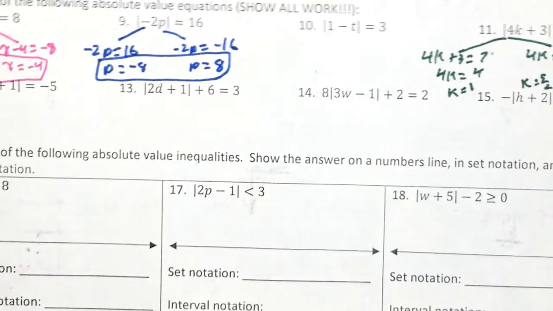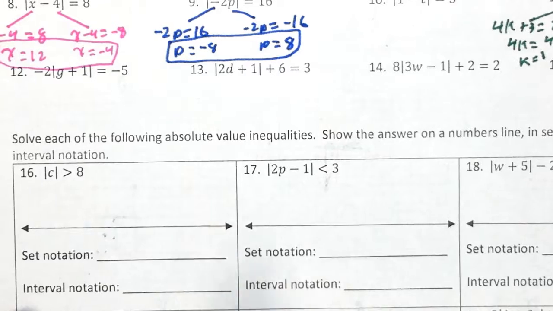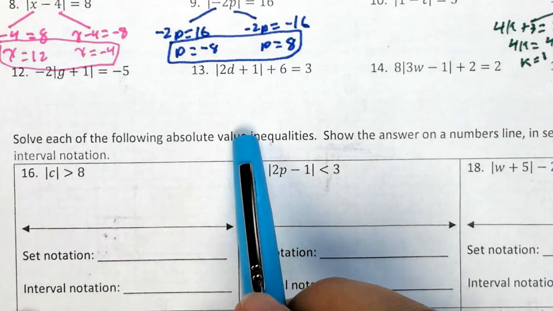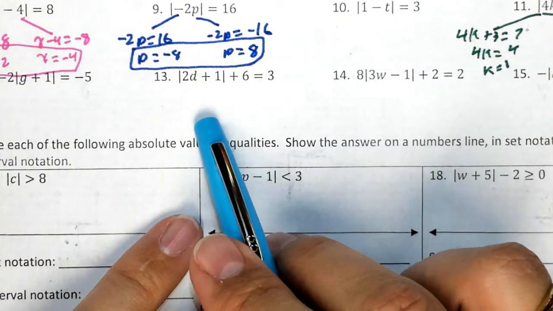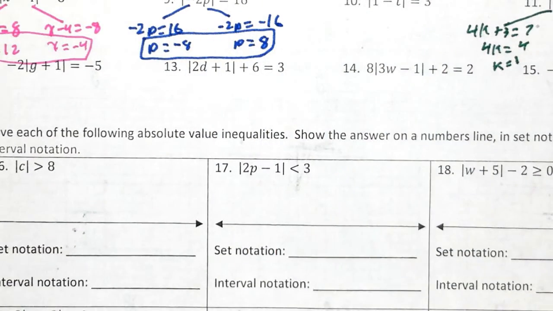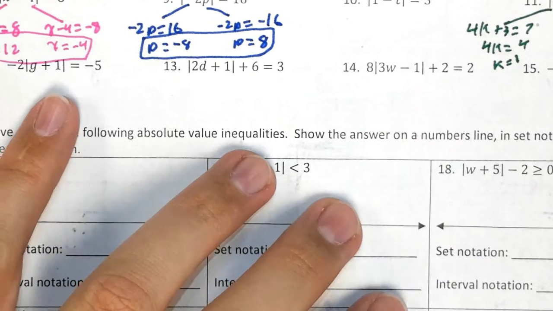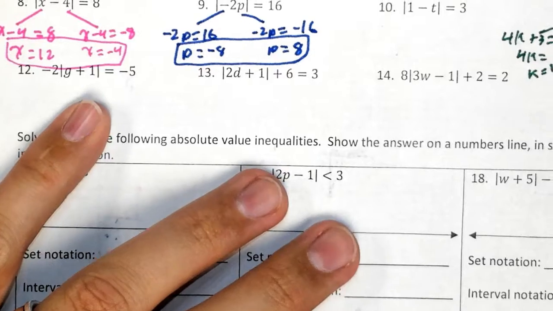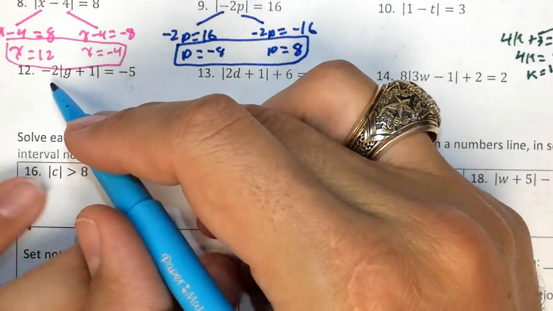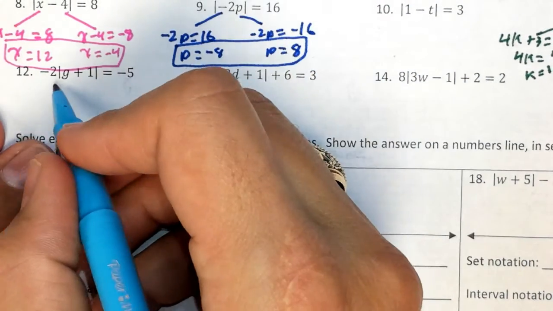Okay, next one we're going to do, we're going to skip 12. Actually, let's go ahead and do number 12 here.